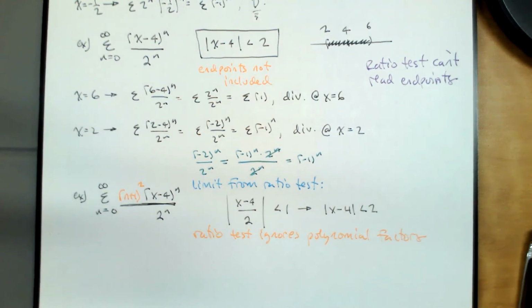The ratio test ignores the polynomial factor. So don't worry about the n plus 1 squared when I think about the ratio test. The polynomial stuff comes into play when we start checking the endpoints.